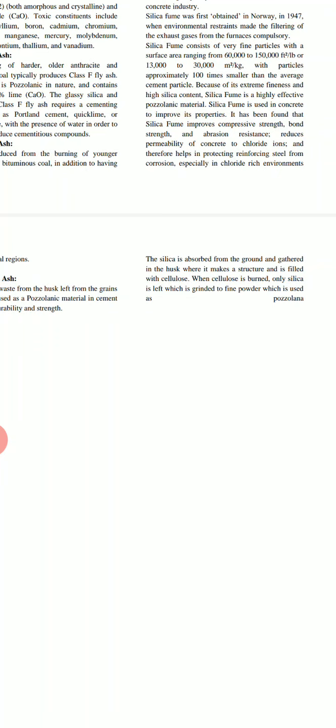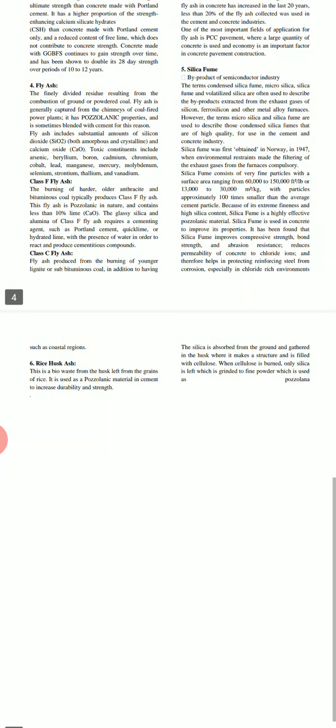When the cellulose is burned, only silica is left out, which is ground to a fine powder and used as a pozzolana. So when you burn this paddy waste, the ash contains a high content of silica. That silica can be used as a pozzolanic material for concrete. Hence rice husk ash can also be used as a mineral admixture.